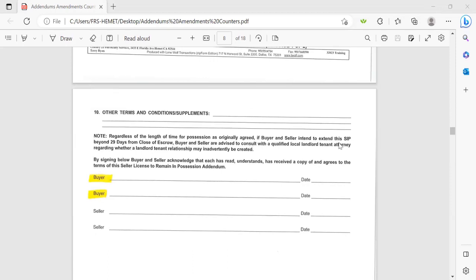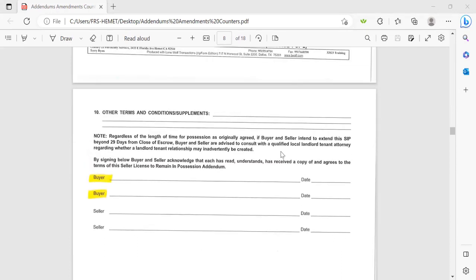If buyer or seller intend to extend this SIP beyond 29 days from close of escrow, buyer and seller are advised to consult with a local landlord attorney as to whether a landlord-tenant relationship may have inadvertently been created.